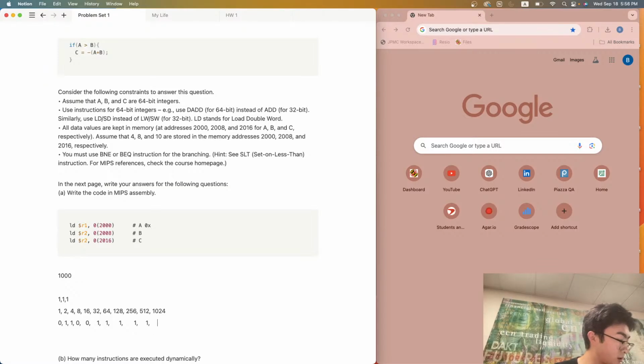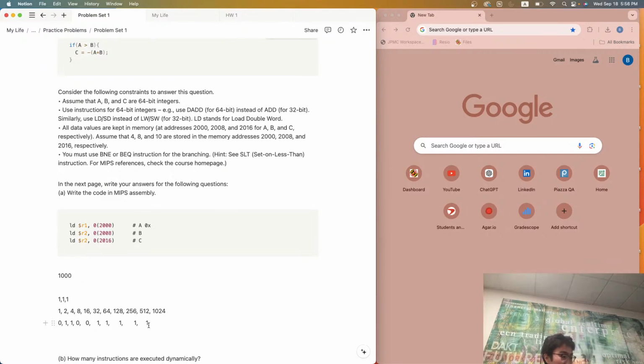One and then, oh, so yeah, it's just that. So now that we have a binary number, can we convert this into hexadecimal? I'm trying to think. So this will combine into 1, right? Yeah, I don't know. I thought that would be an easier conversion, but I'm having a hard time.